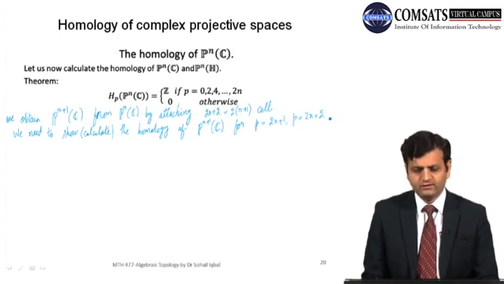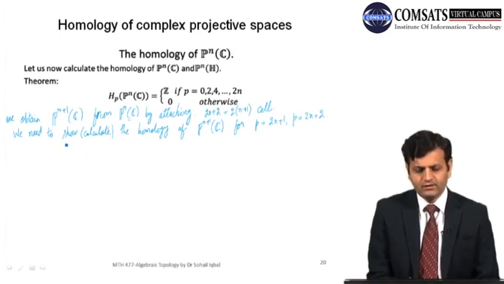That's what we want to show, because the corollary says that the rest of the homology groups for P^nC and P^{n+1}C, the n-dimensional complex projective space and the n+1 complex projective space, are isomorphic otherwise.